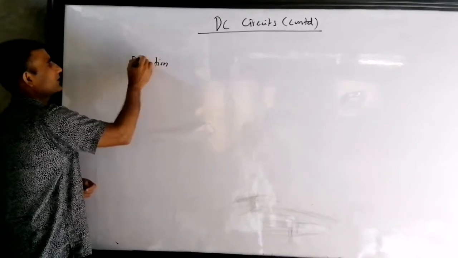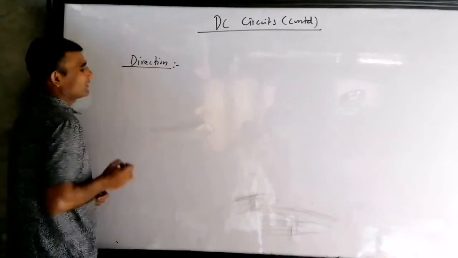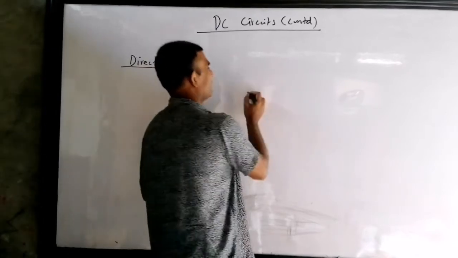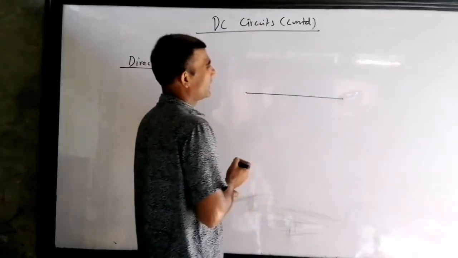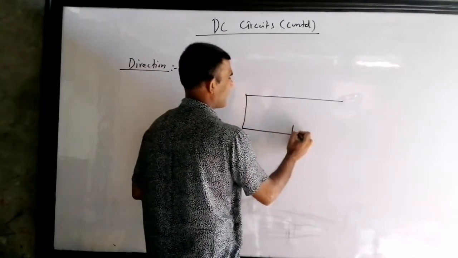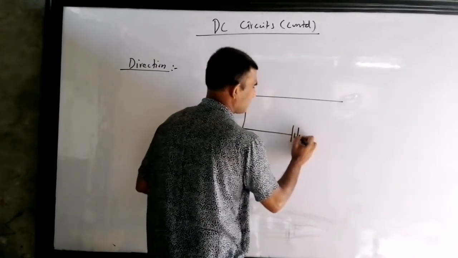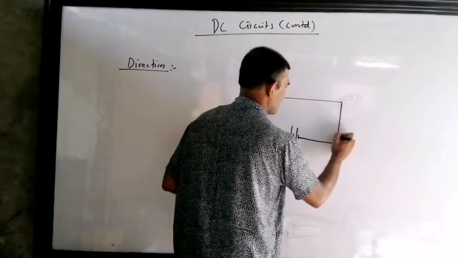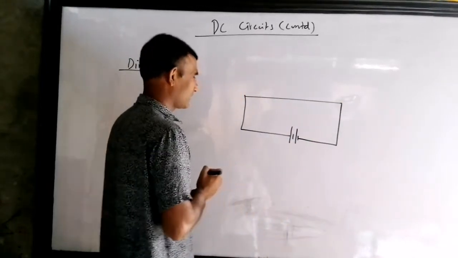So what is the direction of current? That's a very easy question for you. Suppose this is a wire. I told you in the beginning, the symbol of a wire will be a straight line, and I connect one battery here. The symbol of the battery is this. Now you have to tell me what should be the direction of current.